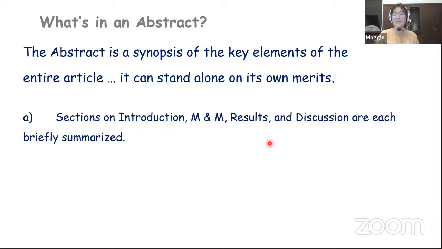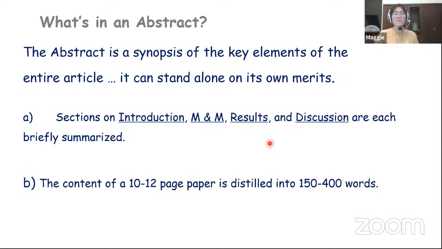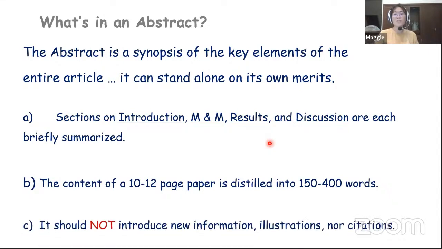The first is the introduction, second is the materials and methods, and then the results and the discussion are each briefly summarized in the abstract. The content of a 10 to 12 page paper is distilled into 100 to 400 words. It should not introduce new information, illustrations, or citations in the abstract.